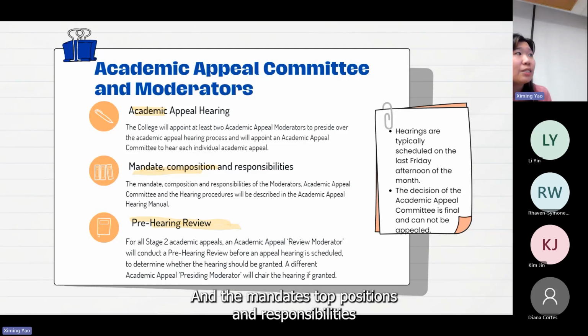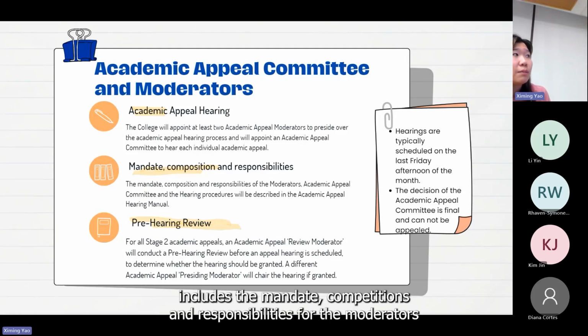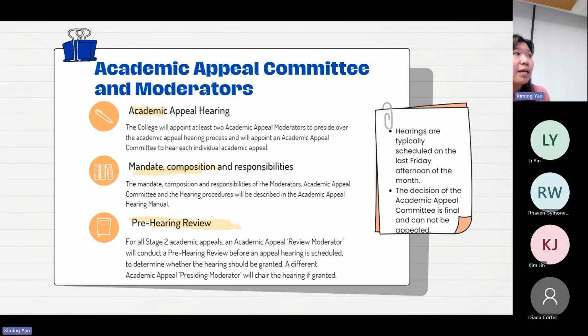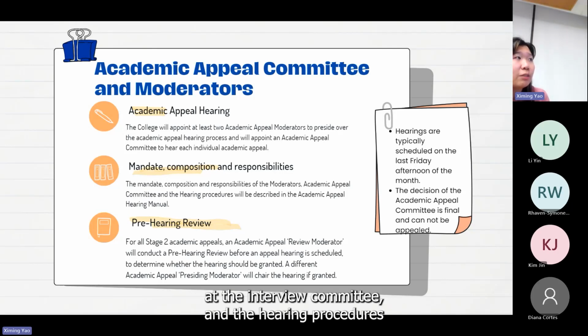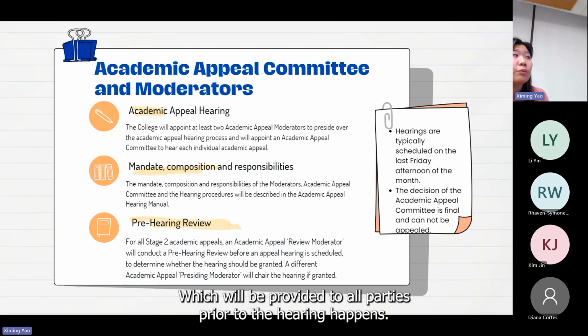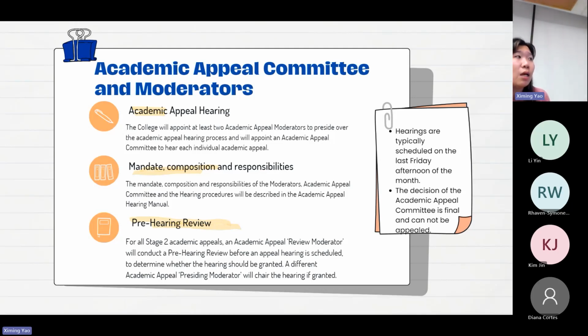The mandates, compositions, and responsibilities for the moderators and academic appeal committee, and the hearing procedures, will be described in the academic appeal hearing manual, which will be provided to all parties prior to the hearing.